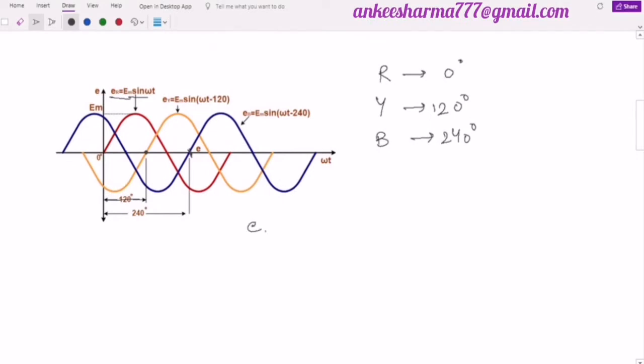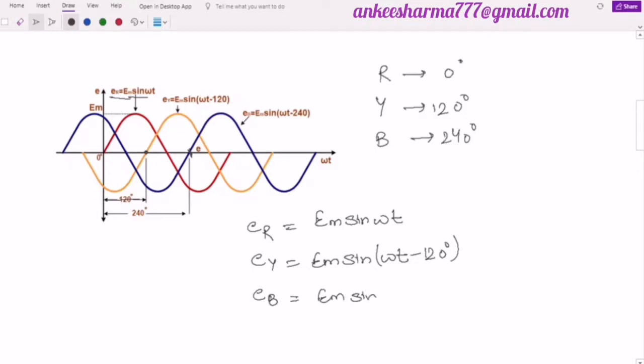I will name them ER for the red one, equal to EM sine omega t. The second one is EY, which is equal to EM sine of omega t minus 120 degrees. And the third one is EB, equal to EM sine of omega t minus 240 degrees.